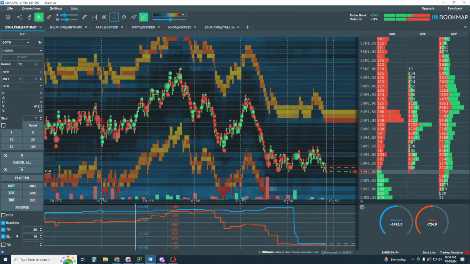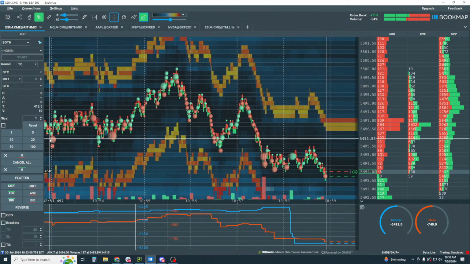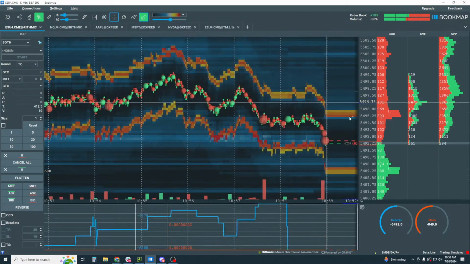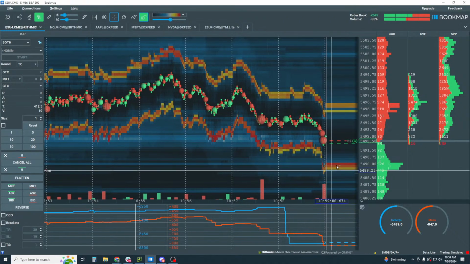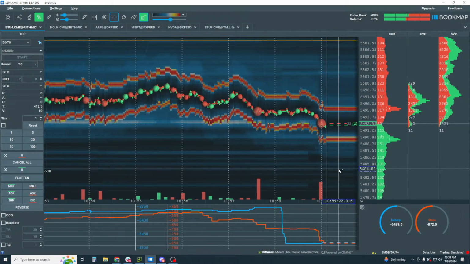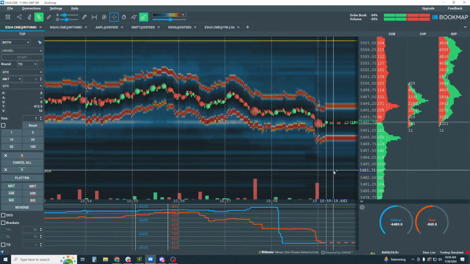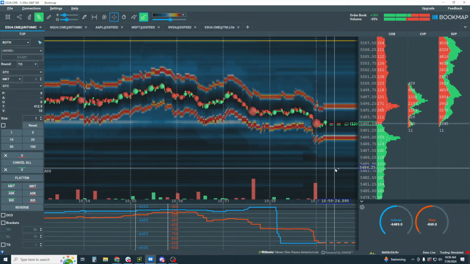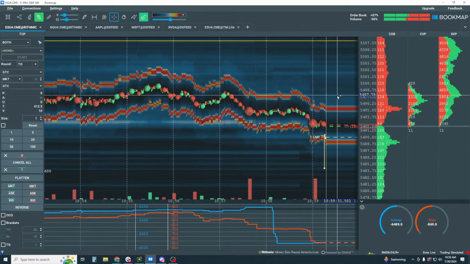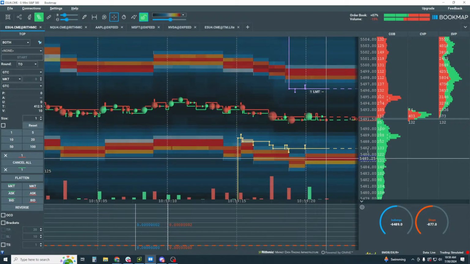And now it only works on, and I don't want brackets. We'll use just one contract here, and it only works on limit orders. Okay, so we're going to click way down here. Left clicking in this window is always a buy, and right clicking sell. Now I want a buy limit down here, so left click here, and then I'm going to right click up here because I want to sell too. So let's watch this here.